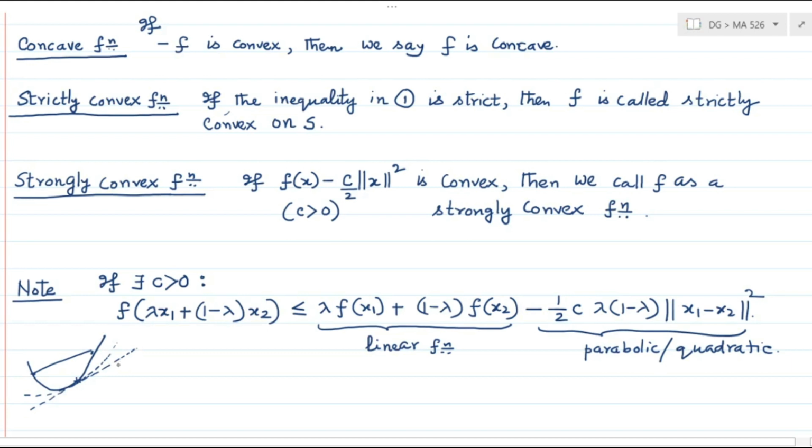If f is convex and differentiable, then we will see that precisely the tangent at a given point, let's suppose the given point is x bar, the entire function lies above the tangent on the graph at the point x bar, and therefore this tangent line gives a lower estimate of the entire convex function.